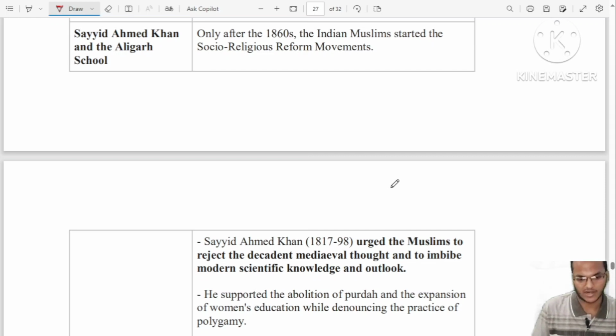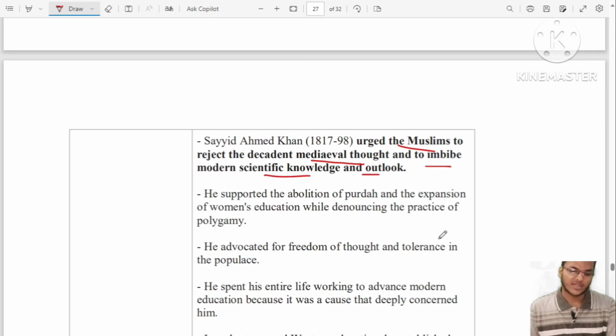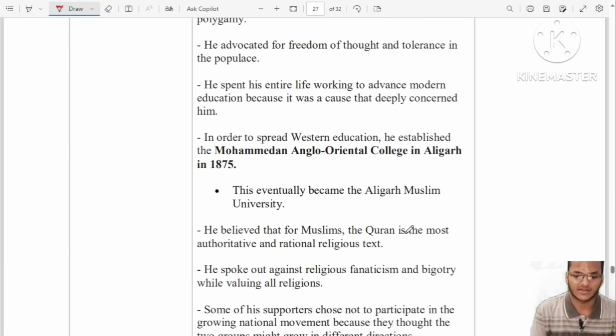Then among the Muslim religious reformers, the most important was Syed Ahmad Khan and the Aligarh School. Syed Ahmad Khan urged Muslims to reject decadent medieval thought and imbibe modern scientific knowledge. He believed in modern education.